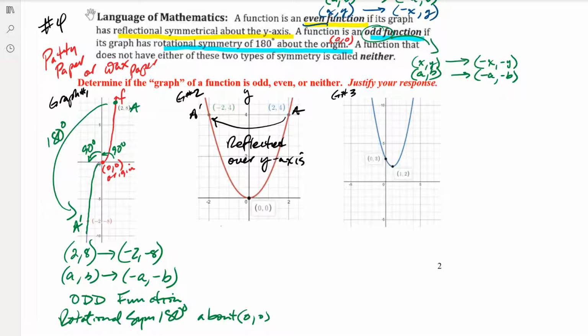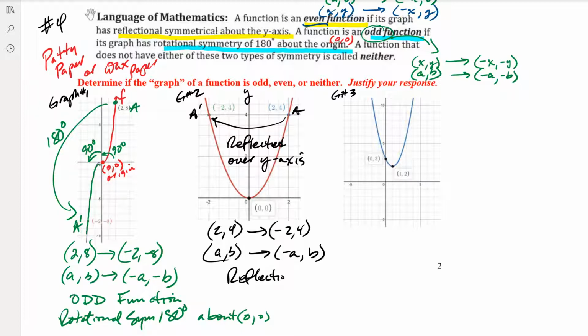Algebraically speaking, 2 comma 4 gets transformed to negative 2 comma 4. That's the same thing as taking any point A comma B and reflecting it to the opposite of A comma B. The opposite of 2 is negative 2, and B doesn't change. This indicates that you have a reflection over the y-axis, and any graph that has reflectional symmetry over the y-axis is called an even function.